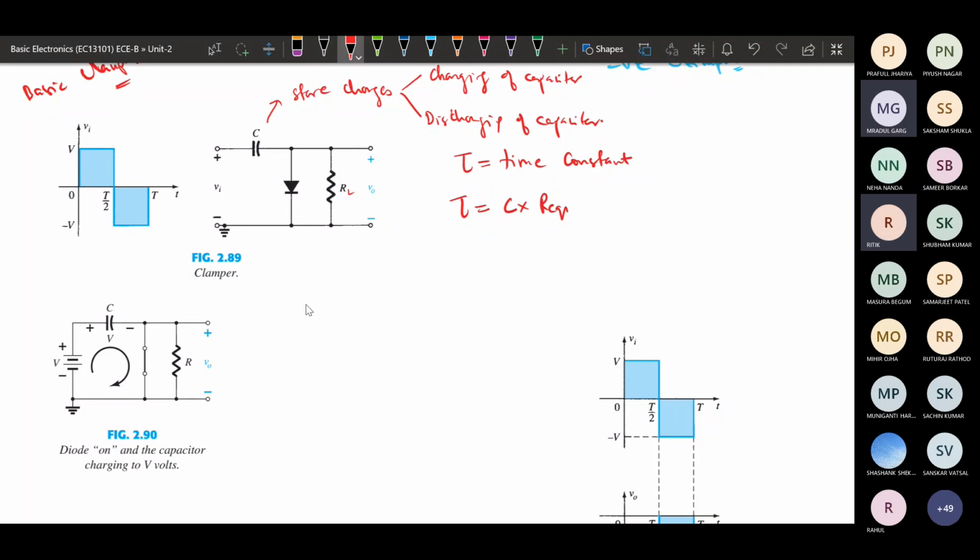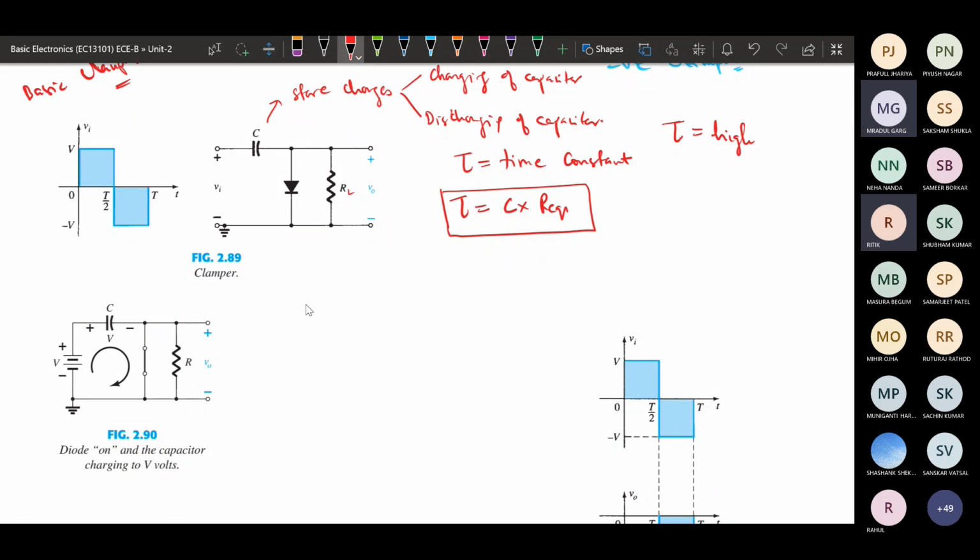Whatever equivalent resistance of the circuit is there, multiplied by the capacitance, that comes out to be the time constant. If the time constant is high, that means the charging or discharging will be slow.